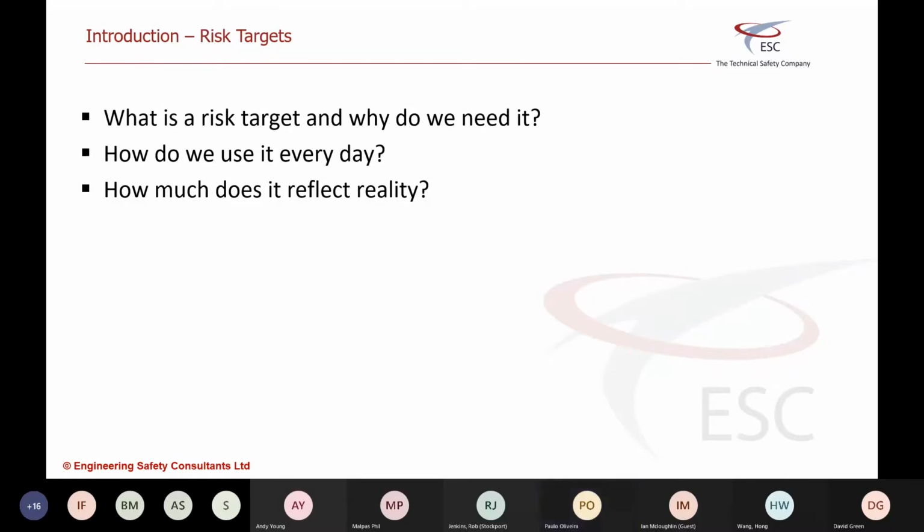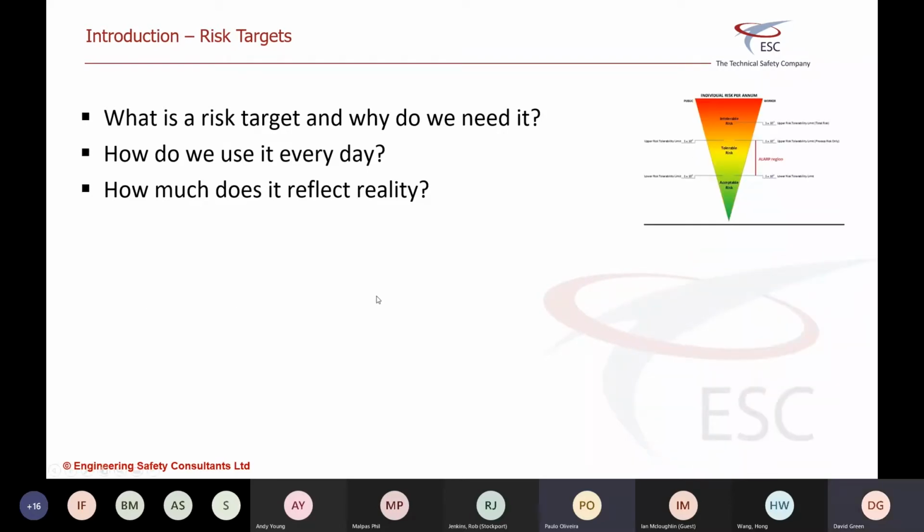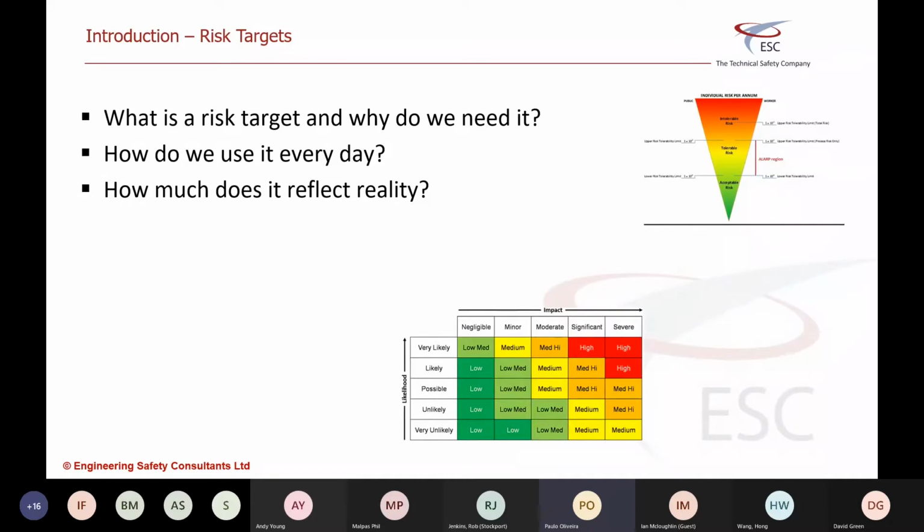One of the aspects I always like to put at the forefront of these discussions is how do you use your risk targets every day, and how much do you believe they actually reflect reality?